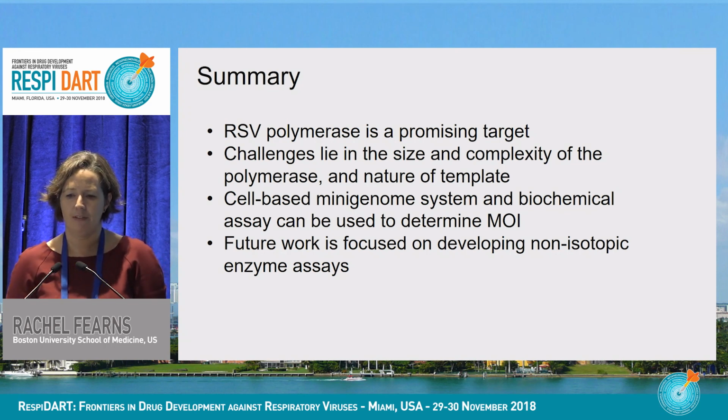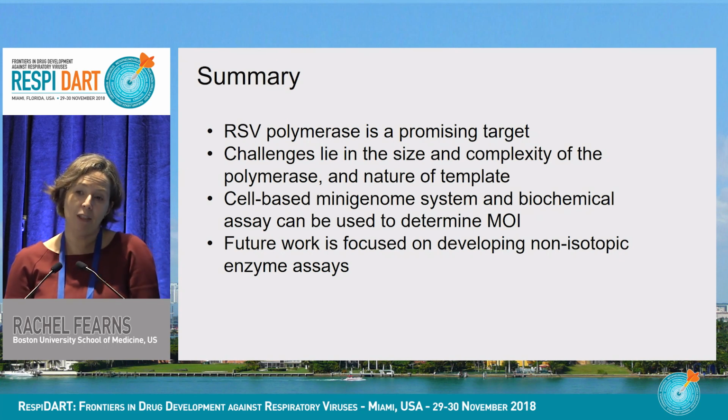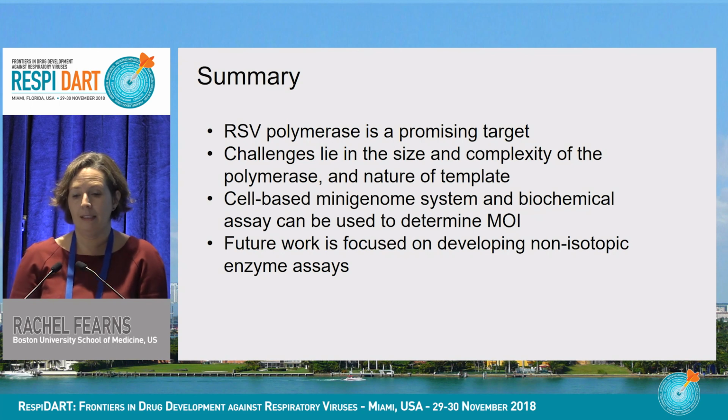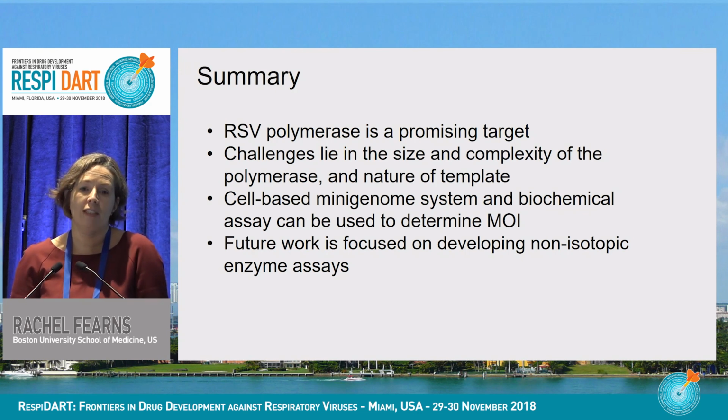That's going to be very difficult to reconstitute in vitro. But as I said, we can do a lot of things using cell-based assays and then complement those with biochemical assays to determine the mechanism of inhibition of any inhibitors. And now our future work is focusing on trying to develop that in vitro system so that we can try and get something that would be useful as a screening tool.